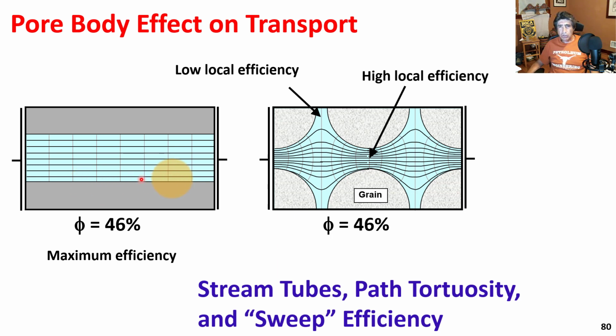Whereas when you have a situation like this on the right, where you have pores and you have throats, what's going to happen is that the electric lines, or the streamlines for the case of permeability, will no longer be straight. The concentration of the streamlines will be high when you have small throats, and the concentration will decrease when you have a pore.